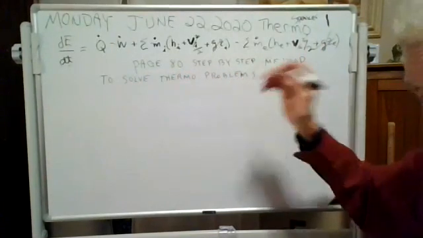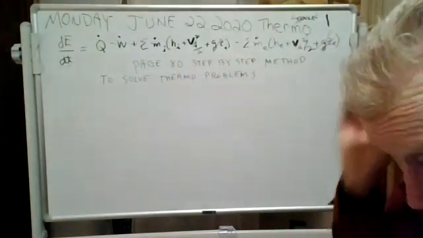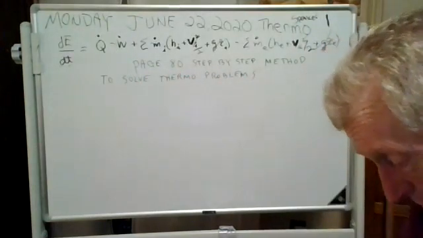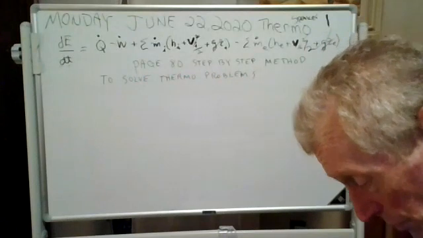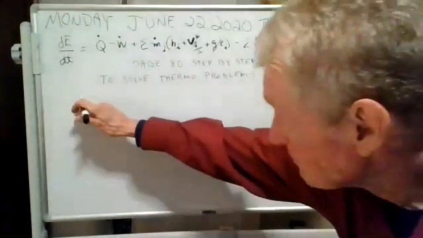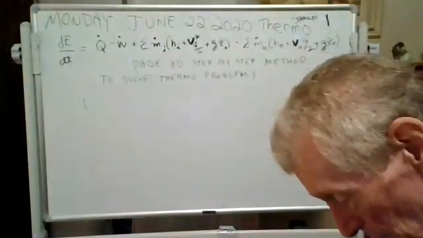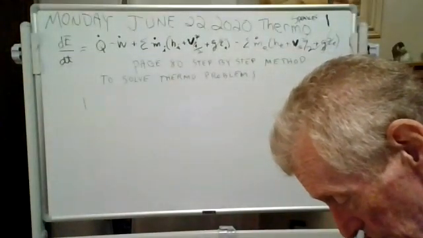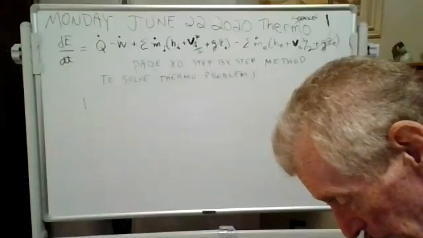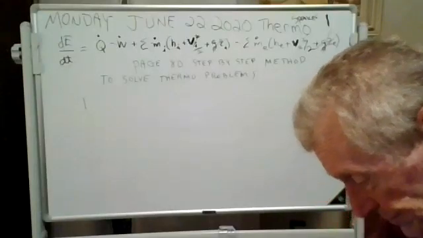Now, I've been doing this every time I do a problem. I've been doing this, but it's worth going through. Step number 1, make a sketch of the physical systems, illustrate all mass flows, heat flows, work rates, blah, blah, blah.